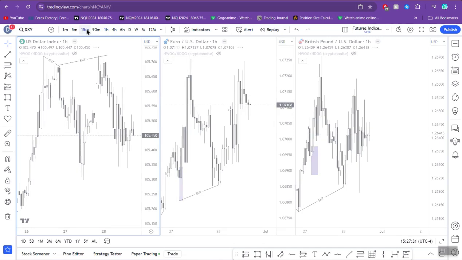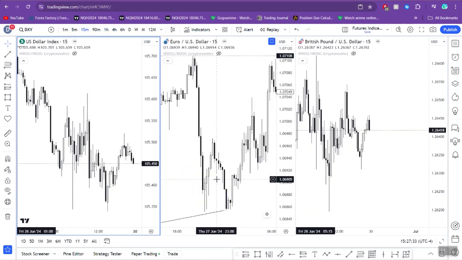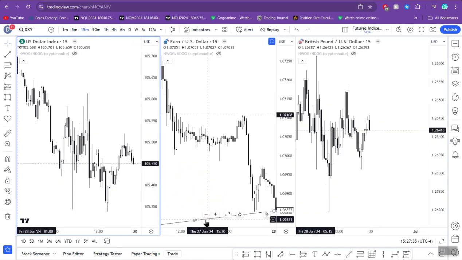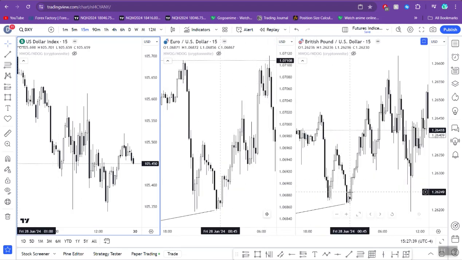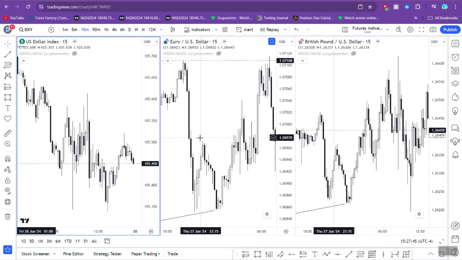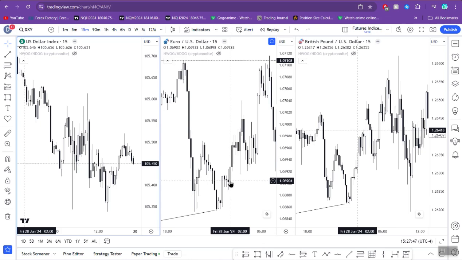So over here, you can see that the SMT divergence is there, right? What do we wait for? We wait for price to break a high, right? So over here, when it takes out this high, you wait for a fair value gap. But this one in GBPUSD is actually much more clear.